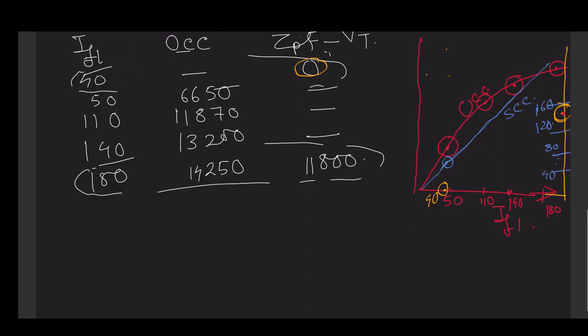This was on ZPF extreme. This point is how much? 11800. So this is our point B. Now we need to draw the line from B having length equal to BC.